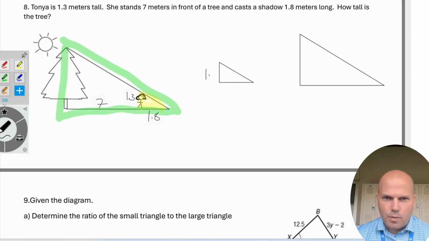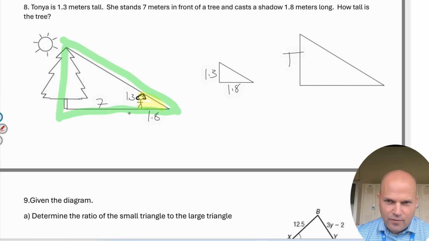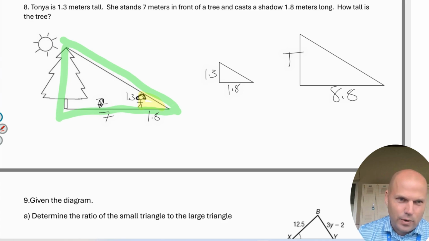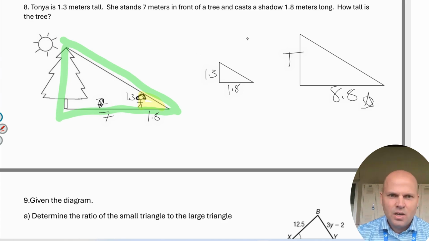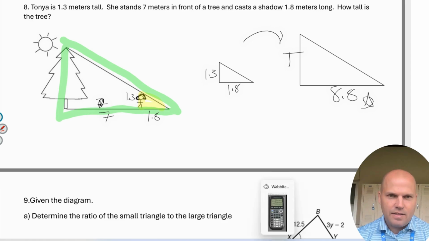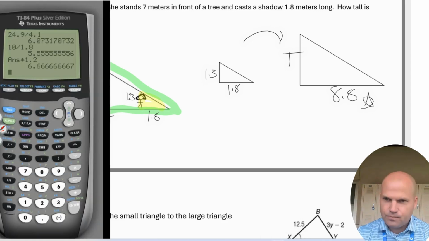Because Tanya being 1.3 with her shadow of 1.8 means the tree casts a shadow that would be 7 plus 1.8, which is 8.8. That's the thing everybody messes up on. They think it's 7. All right, let's find the scale factor. 8.8 divided by 1.8, and then multiply by 1.3.